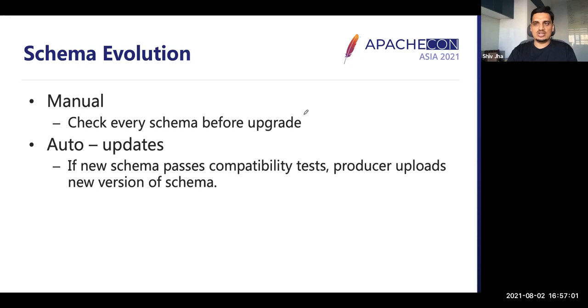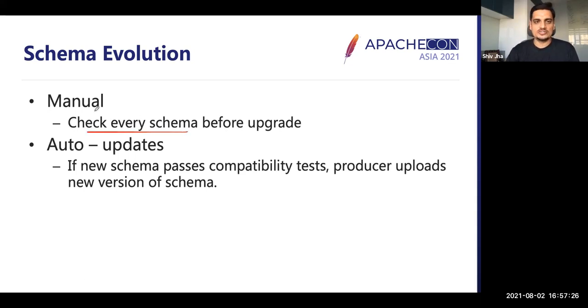A schema evolution, again, you can use manual evolution, where every time there is a new schema, you actually review that schema and then go ahead and apply that schema on the schema registry. You have the REST API calls, you have the CLI commands and all of that to help you with your manual evaluation process.